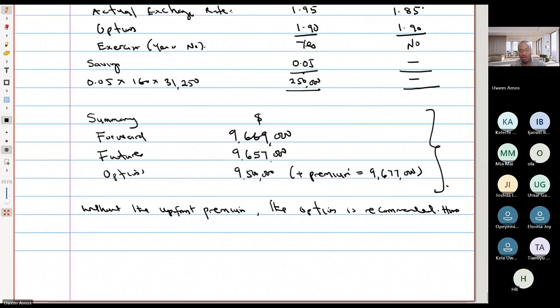However, if the premium is considered, which of them would pass? Futures. Yeah, the futures would be recommended.